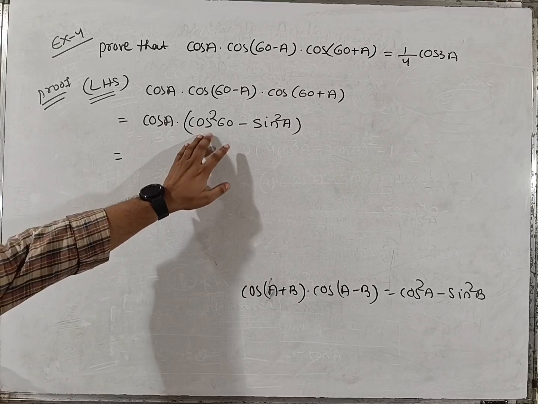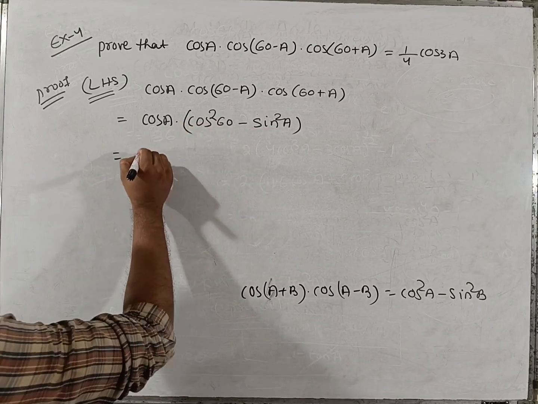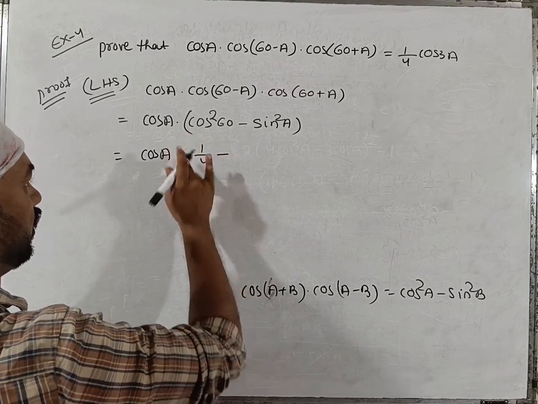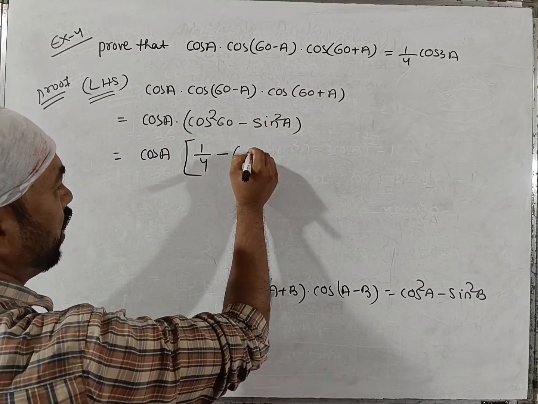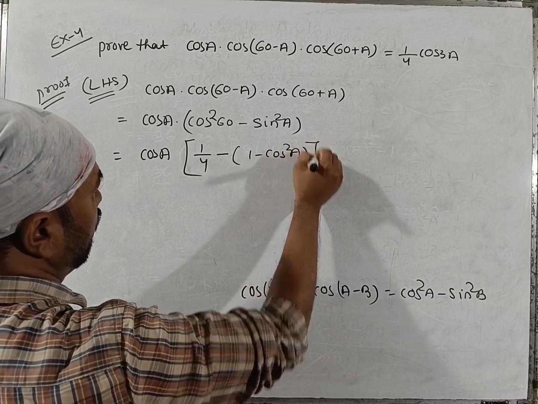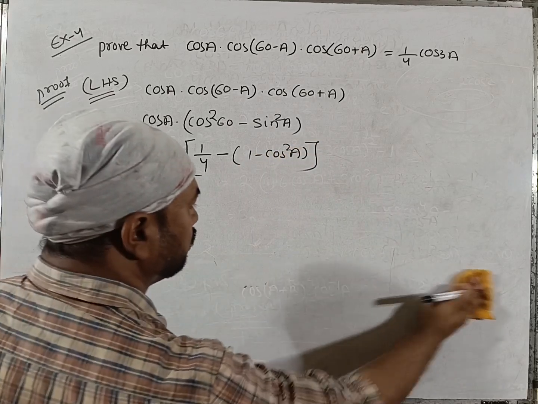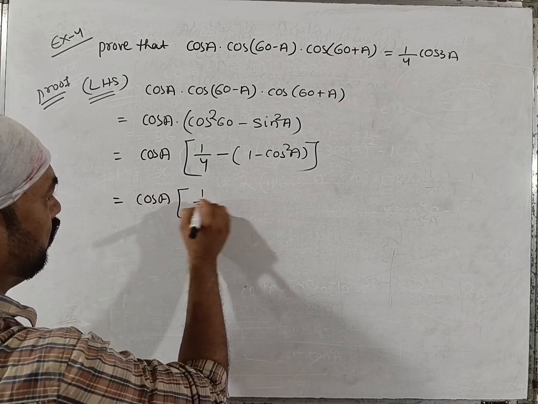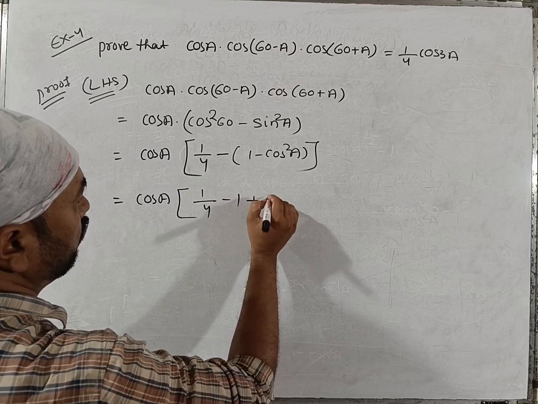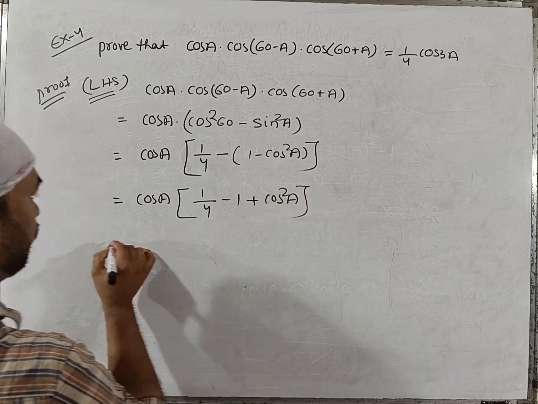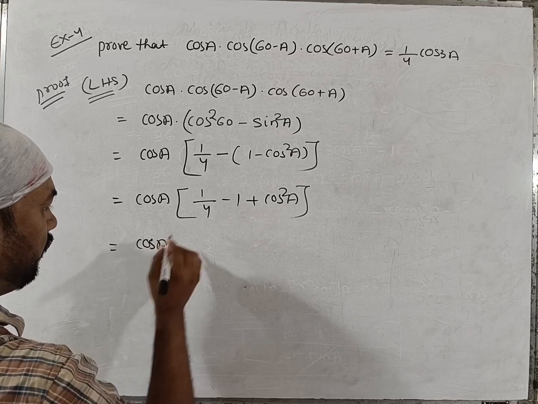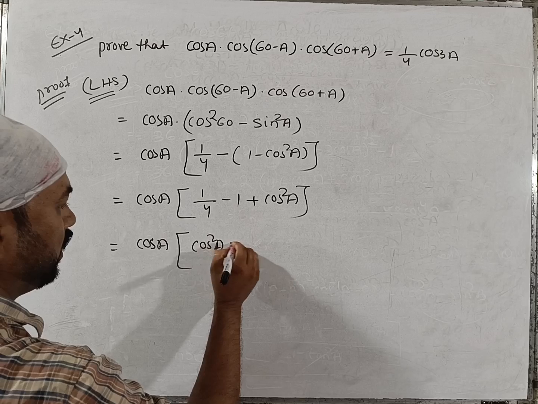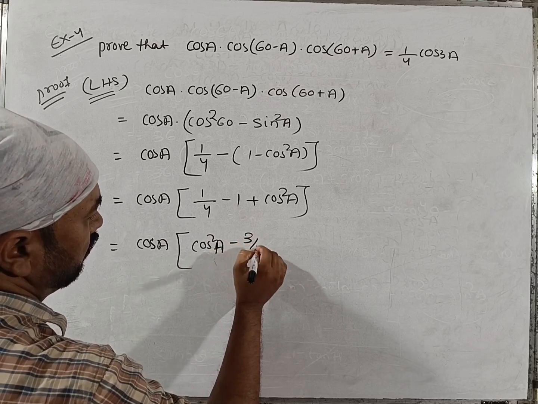And we know that the value of cos 60 is 1 by 4. So cos A multiplied with 1 by 4 minus, in place of sin square A we have to put 1 minus cos square A. Then it will be cos A multiplied with 1 by 4 minus 1 plus cos square A. Then it will be cos A multiplied with cos square A, 1 by 4 minus 1, it is minus 3 by 4.